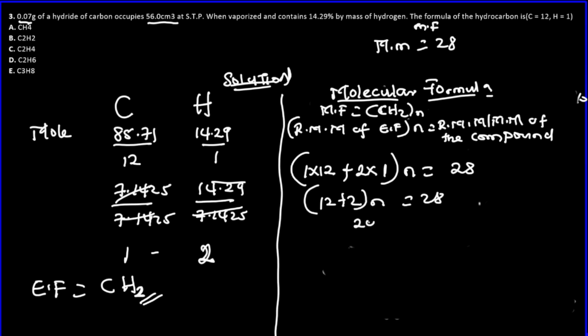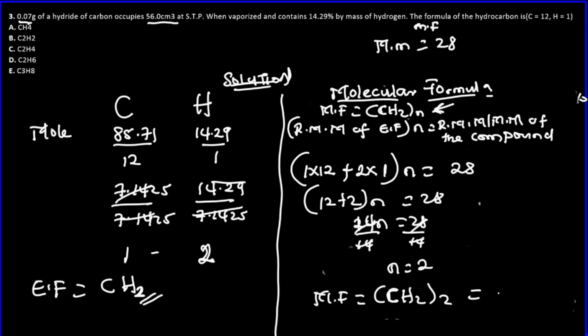Divide both sides by 14. So n equals 2. So the molecular formula is CH2 times 2, which equals C2H4. 1 times 2 is 2, 2 times 2 is 4. So the molecular formula is C2H4. Very simple. Let's go to the next question.